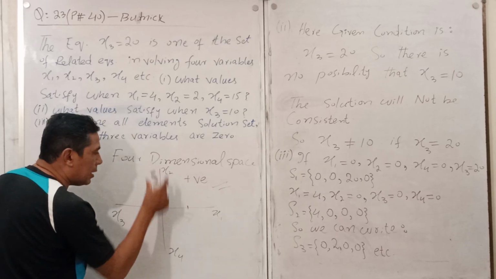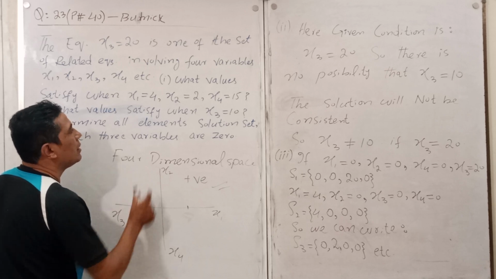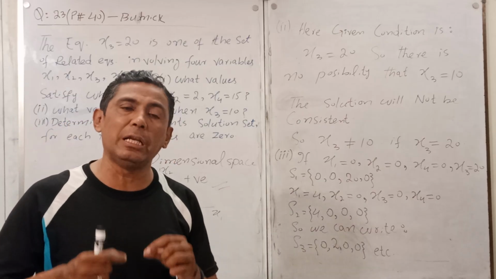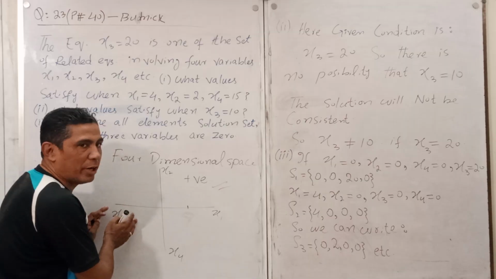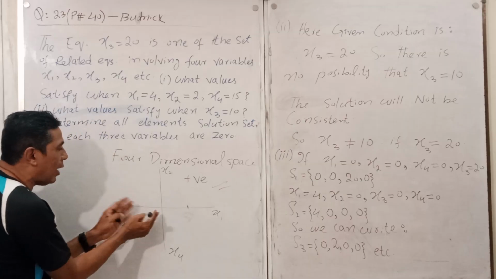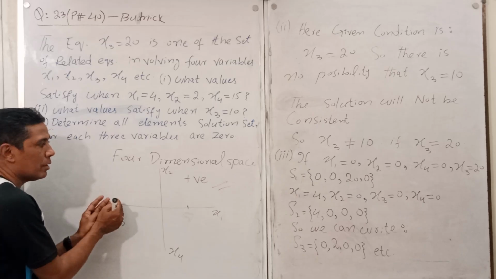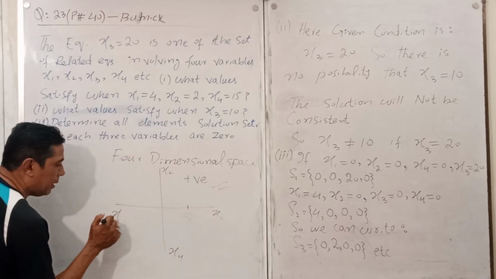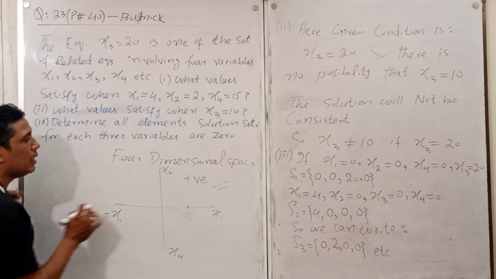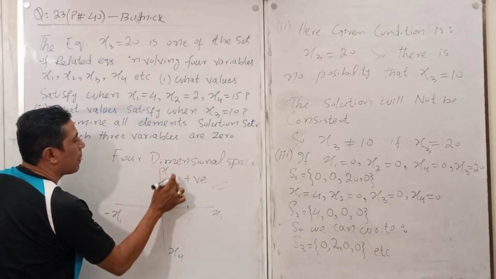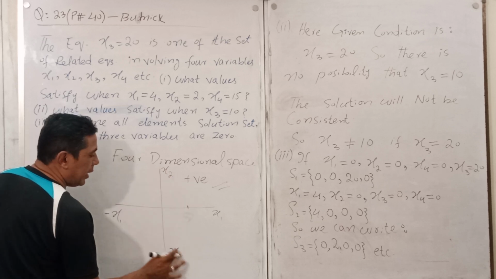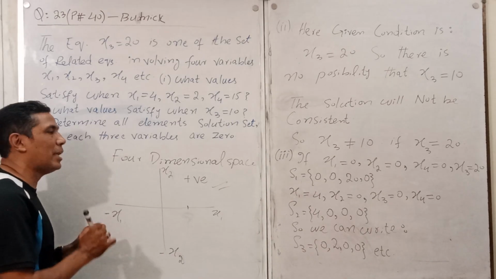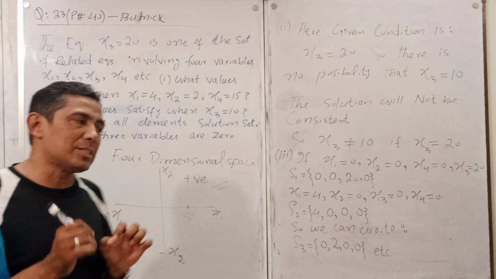Clear? So we cannot mark this equation graphically easily because it requires four-dimensional space, and this is not that kind of space. Why? Because one value is negative, and normally it would be minus x1; if positive x1, positive x2, then negative x2. So technically you cannot mark this graph here.